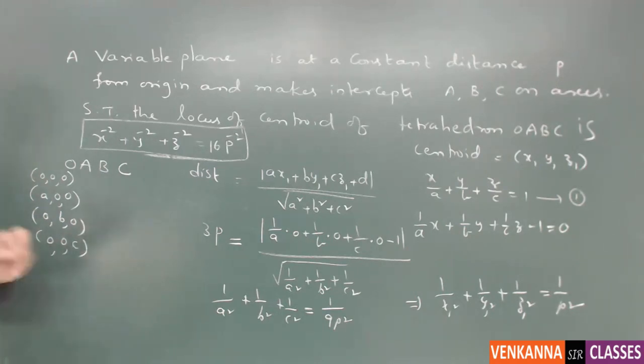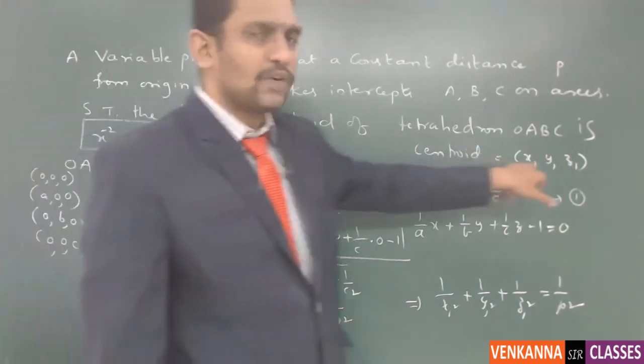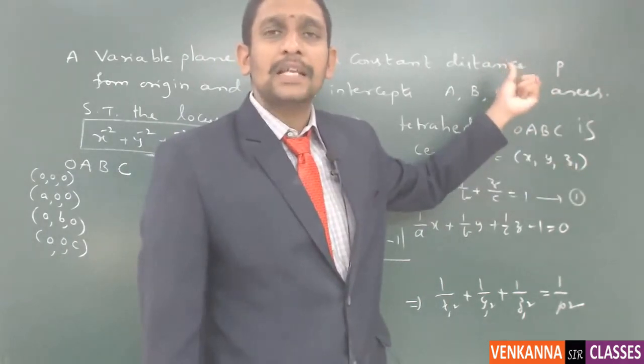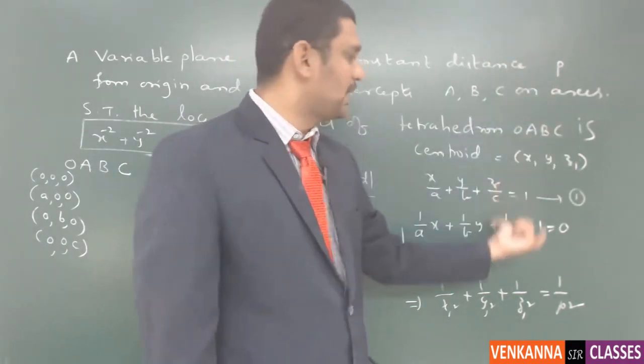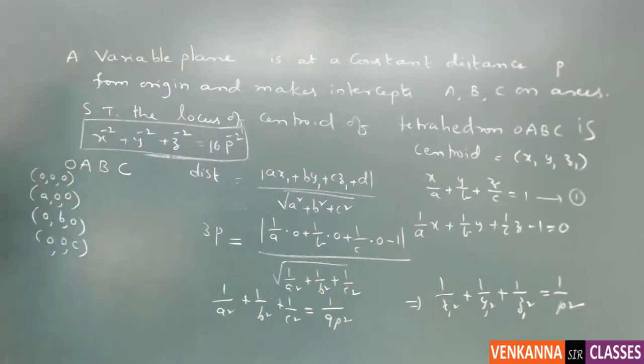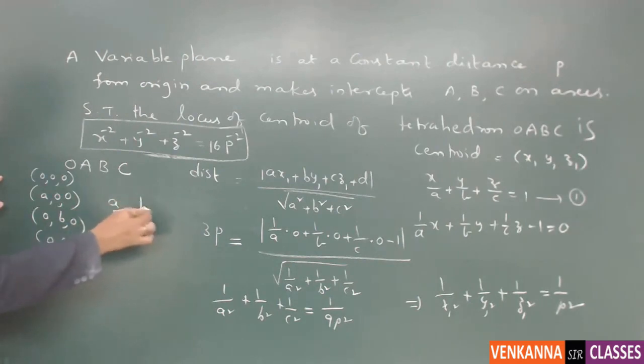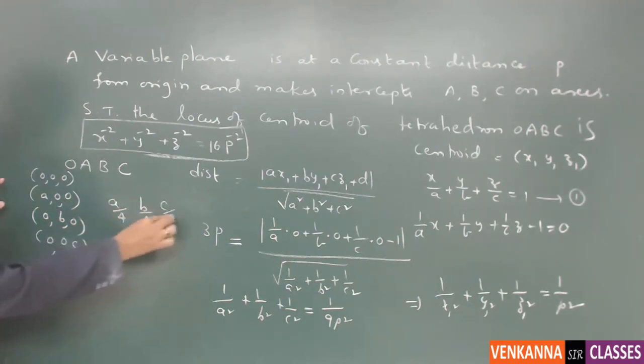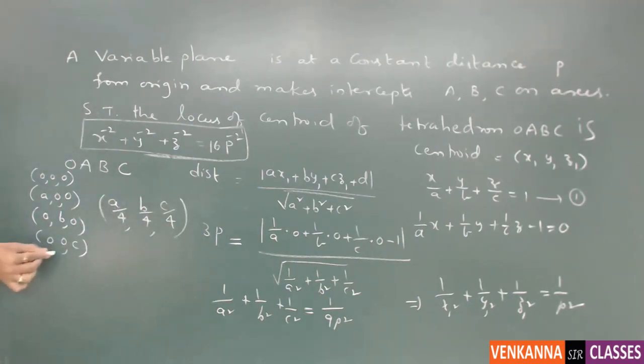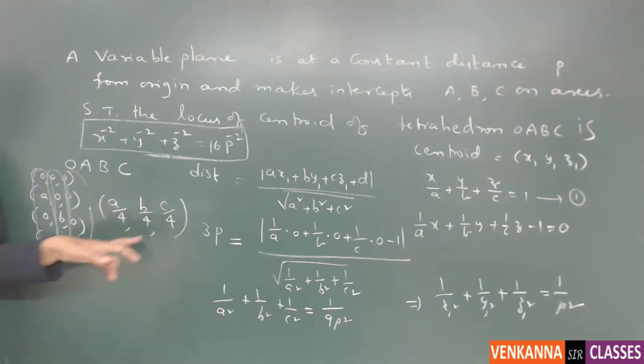As usual, take the centroid equal to x1, y1, z1, consider the intercepts as they are, and this is our plane equation. Then if you apply the centroid formula here, A by 4, B by 4 and C by 4: adding all the first coordinates by 4, all the second coordinates by 4, and all the third coordinates by 4. This is the centroid of tetrahedron OABC.